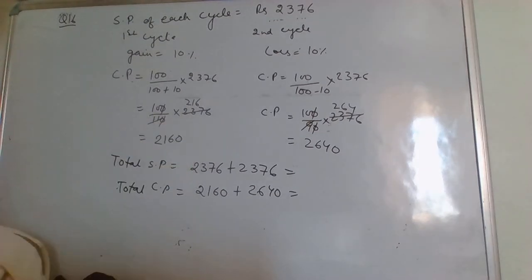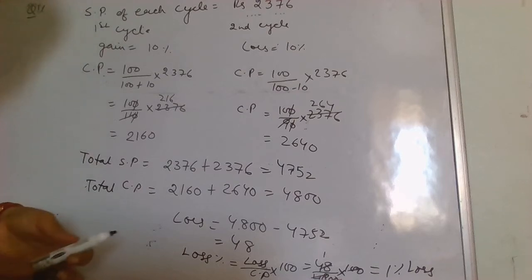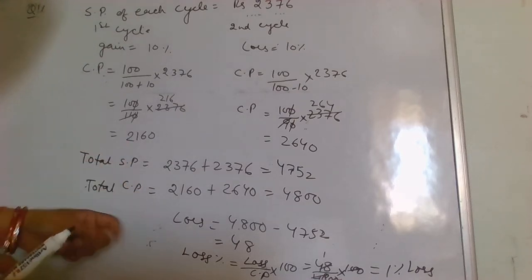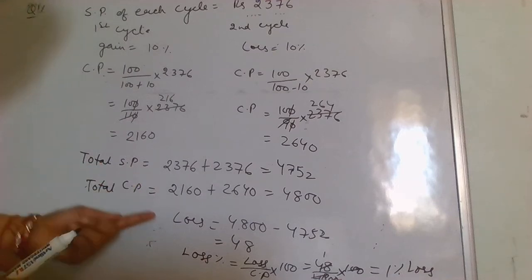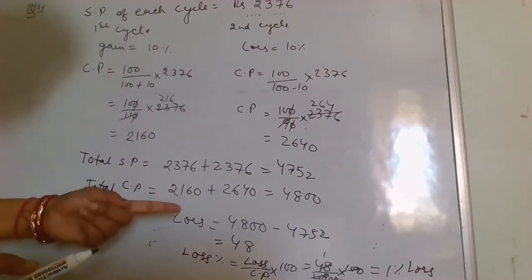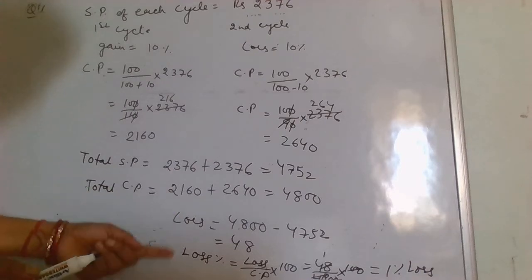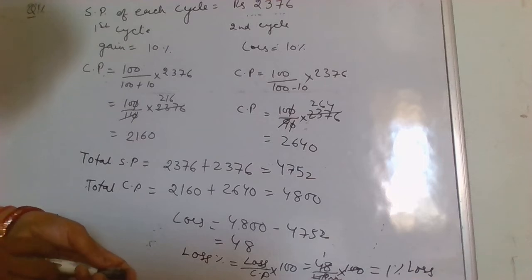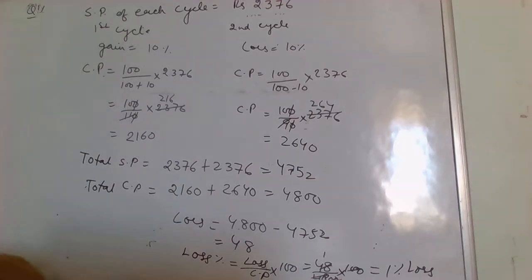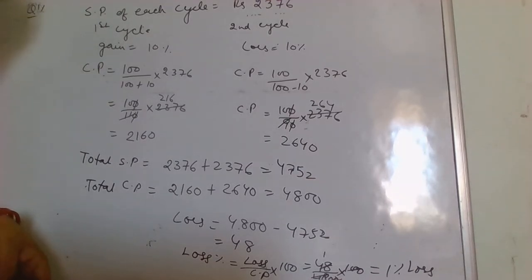If the selling price is greater than the cost price, there is profit; otherwise, if the cost price is greater, there is loss. So here you can see, students, we find the total SP and total CP and subtract. So loss is equal to CP minus SP, which is 48. Loss percent is equal to loss by CP. So 1% loss is the answer, right? This is a very important question. You have to attempt it.